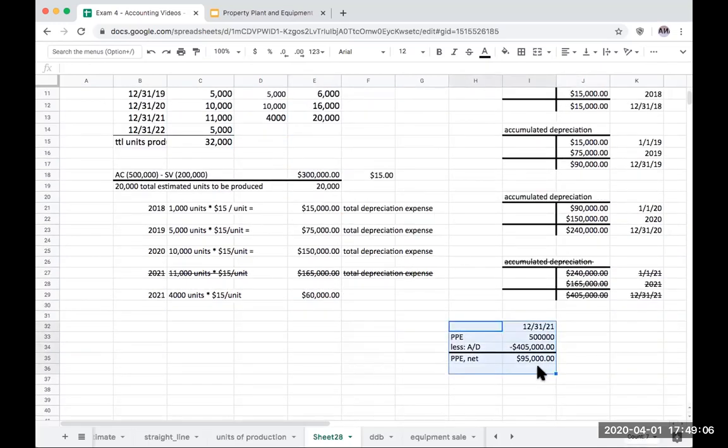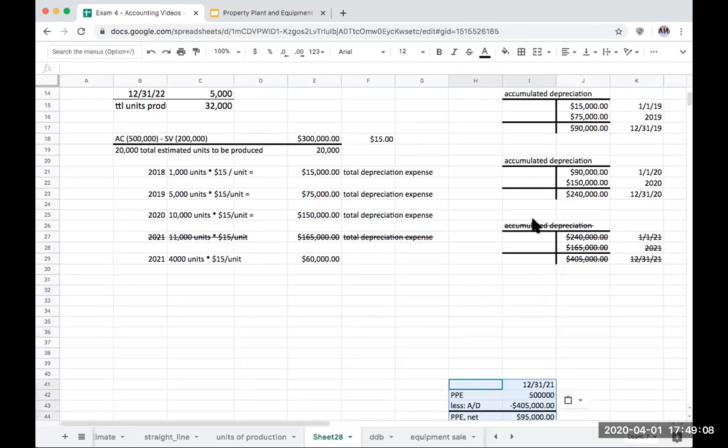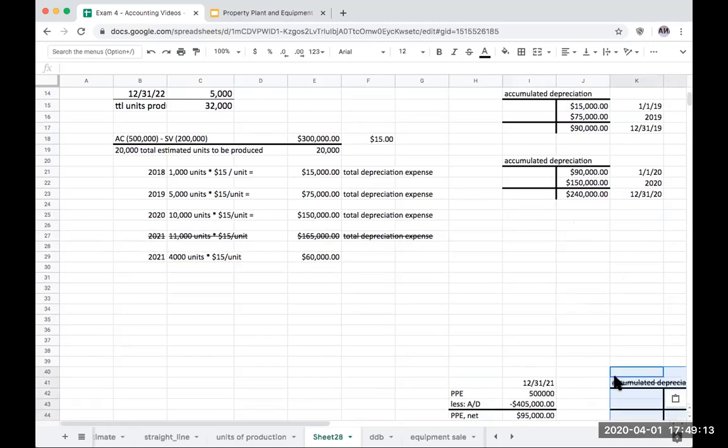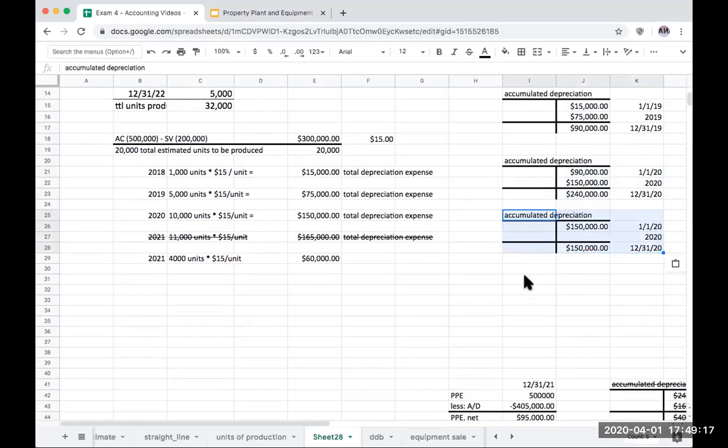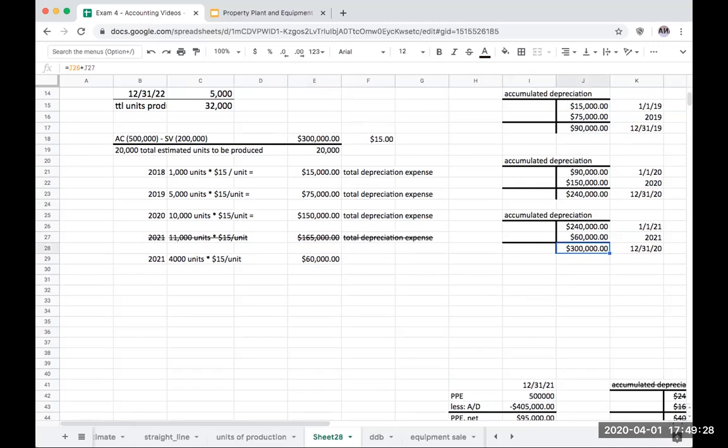So if I go down over here, and I'll just move these down a little bit here. So if I go through here and now take a look at my opening balance on 1/1/21, remember my opening balance is the ending from the previous period. If I just take 60,000 worth of depreciation in 2021, my accumulated depreciation is now 300,000.